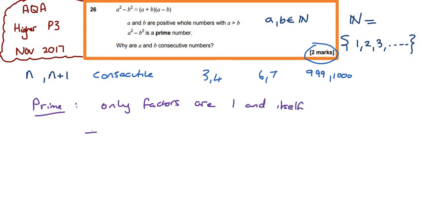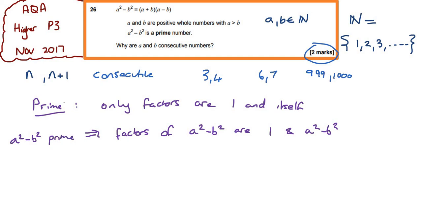In particular, this means the only factors of a squared minus b squared are 1 and a squared minus b squared itself. This comes from the fact that a squared minus b squared is prime. So I'll write that here. Good. Right, what else can we do?